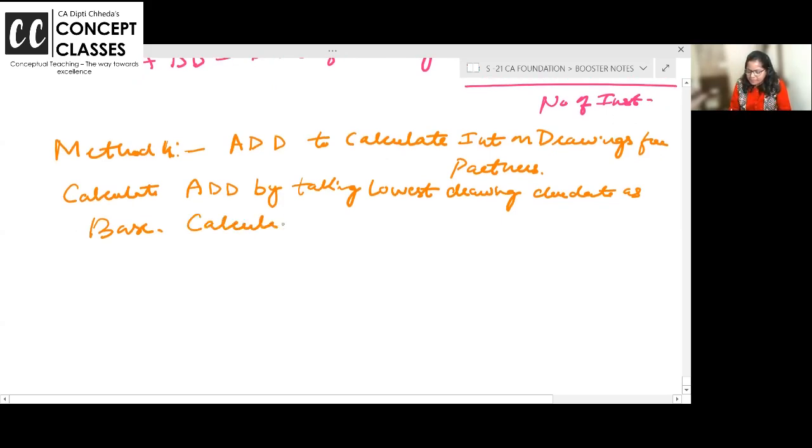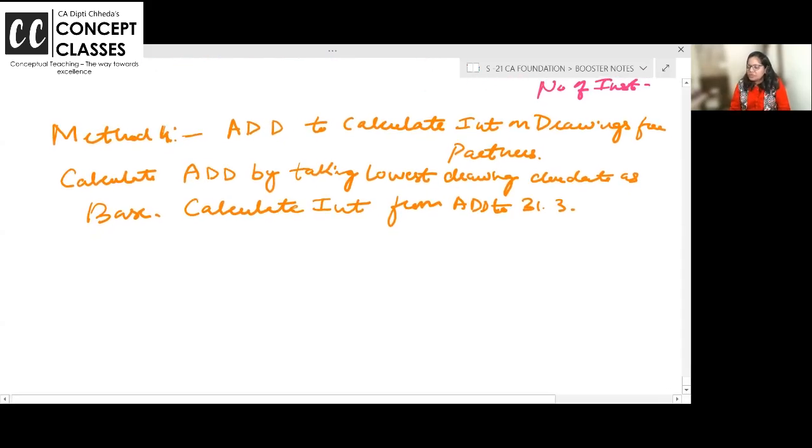Then calculate interest from the average due date to 31st of March. This is how you do it.